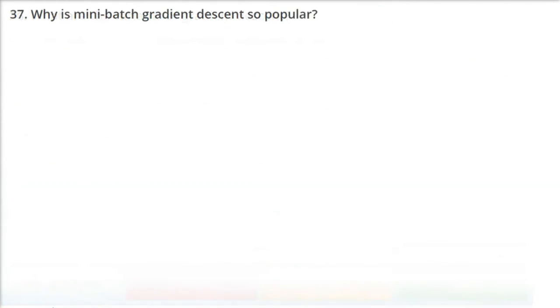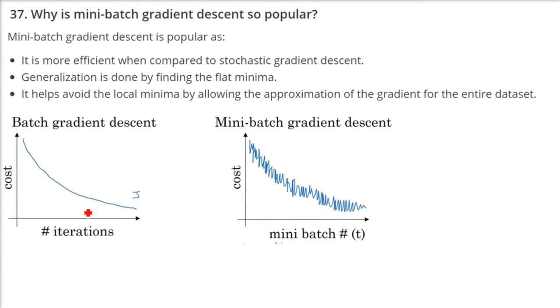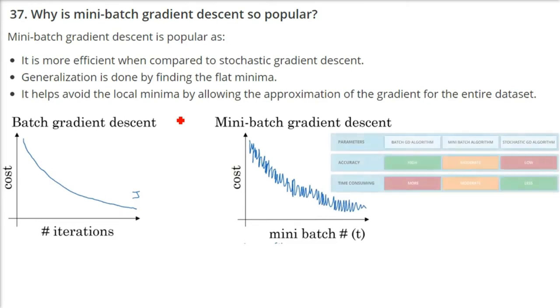So why is mini batch gradient descent so popular? What is the reason? So if you have just seen the comparison table, here I wanted to highlight the mini batch and cost also. So what is the difference? Mini batch algorithm, as we said, both the accuracy and time consumption is moderate. So mini batch gradient is popular.